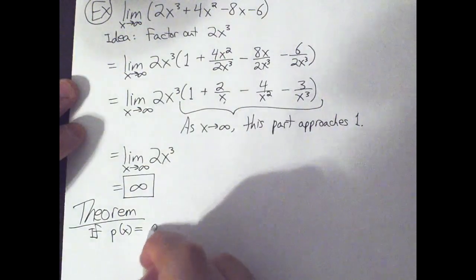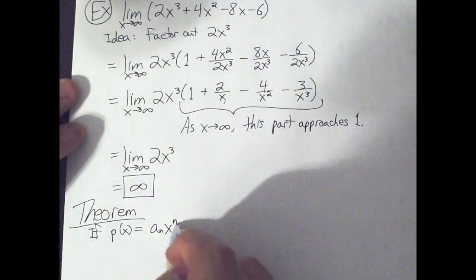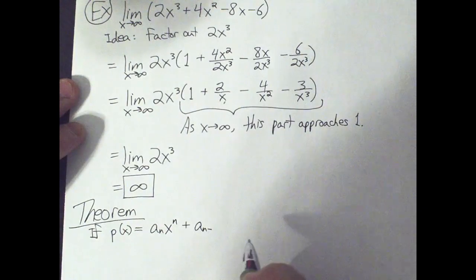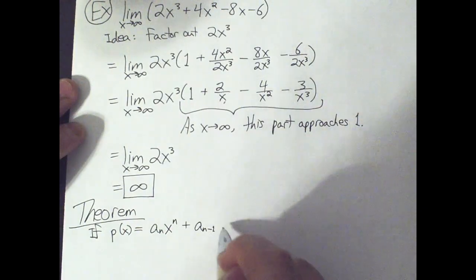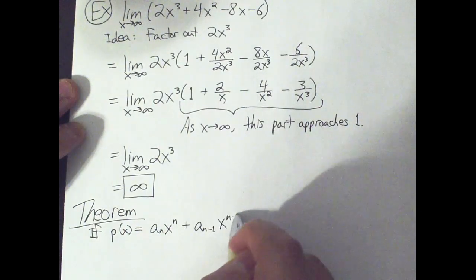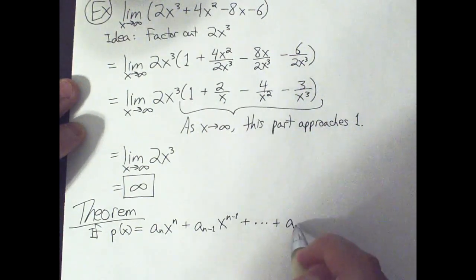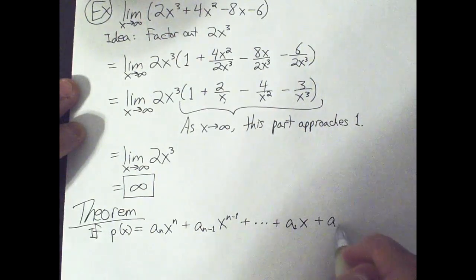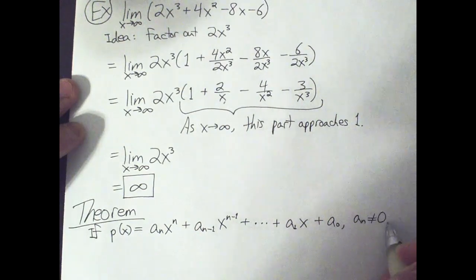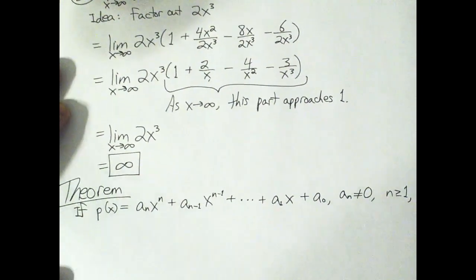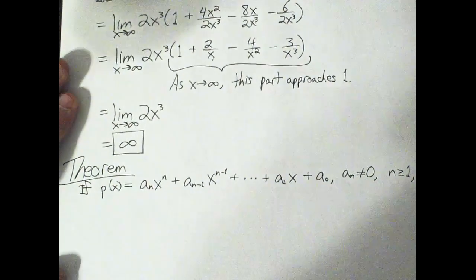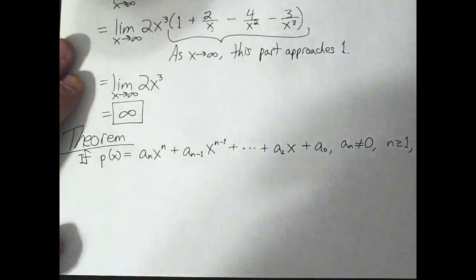So we're going to write this as a_n x to the n, plus a_(n-1) x to the n minus 1, plus ... We don't know how many terms it has, but it works its way down to a_1 x plus a_0. In this situation, a_n is not equal to 0, and n is greater than or equal to 1. So this just says if p is a polynomial.